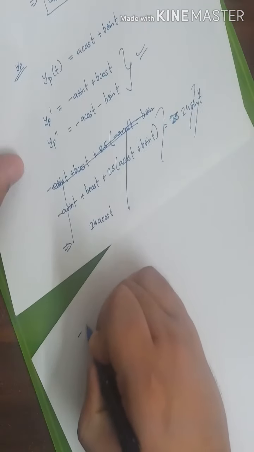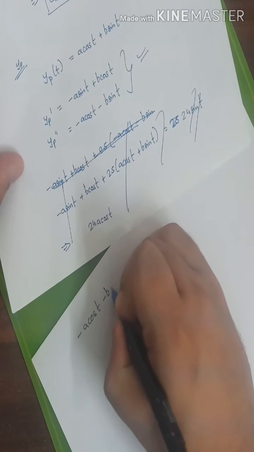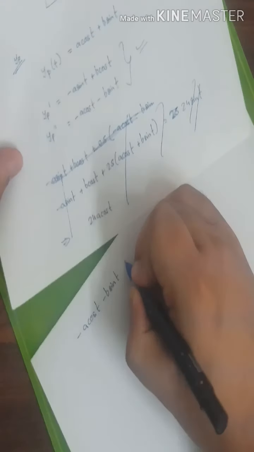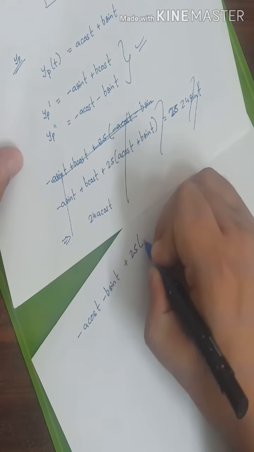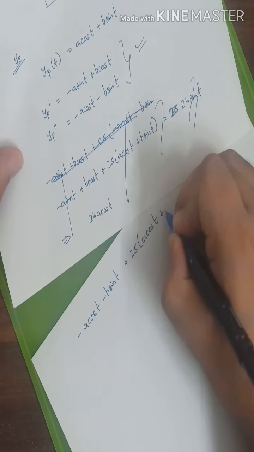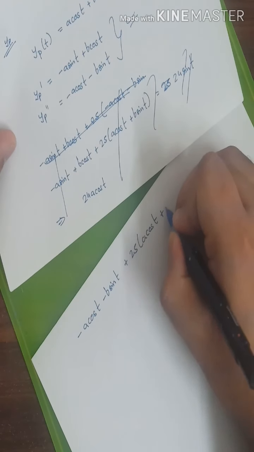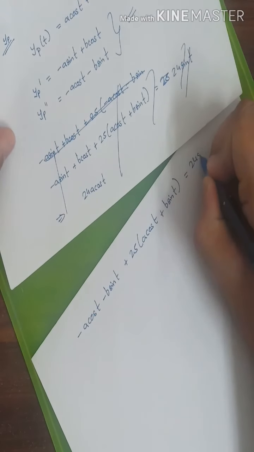That is going to be minus a cos t minus b sine t, plus 25 times yp, which was a cos t plus b sine t, and the RHS was 24 sine t.